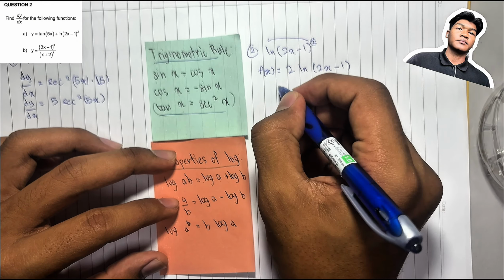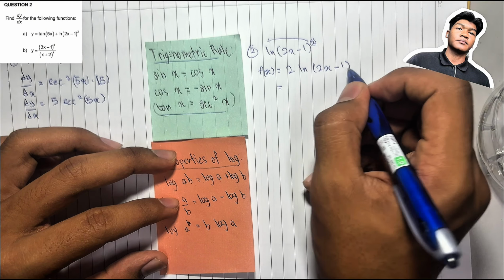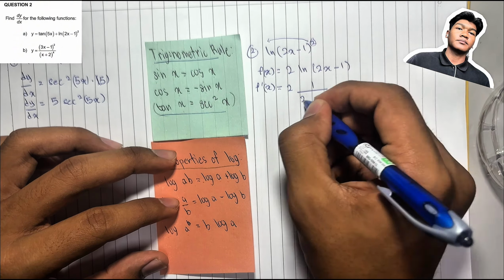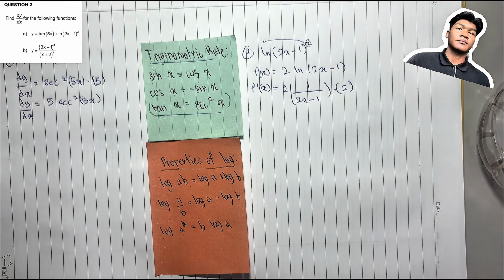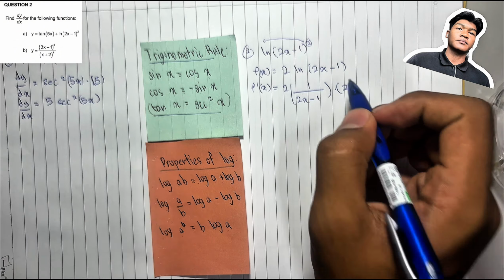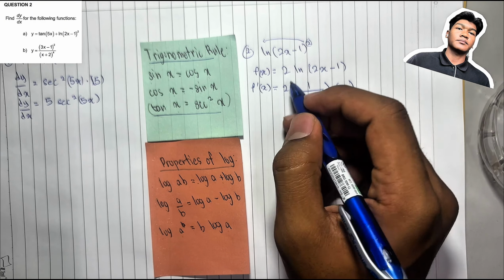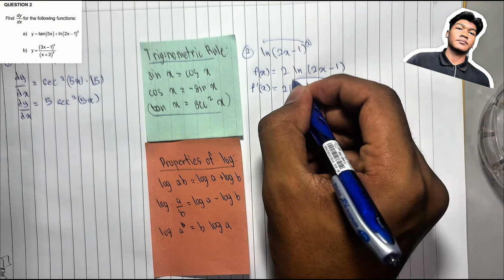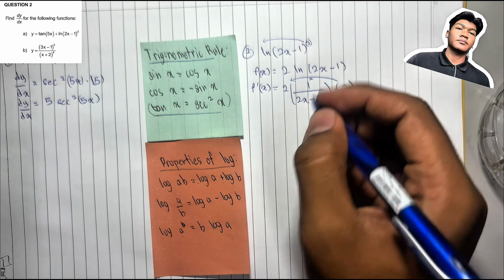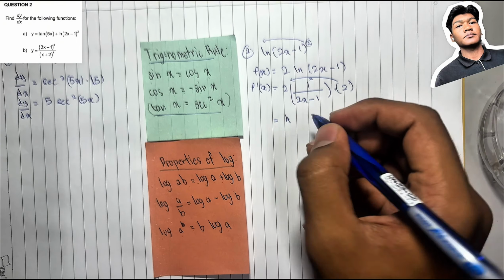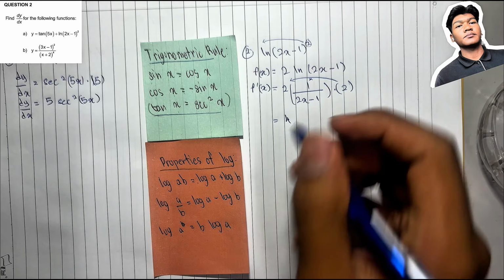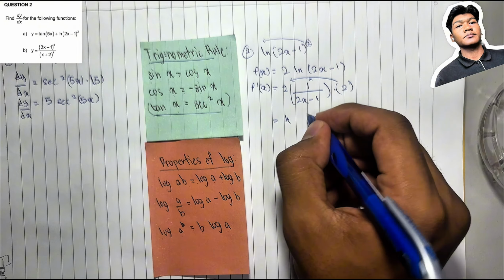After that, we differentiate this back, 1, and then we're going to move this 2 to the front and multiply it with the 2. So it's 4. After that, we copy this one to the bottom.